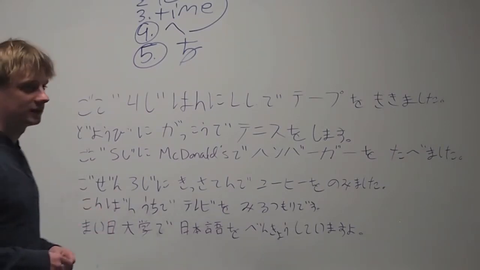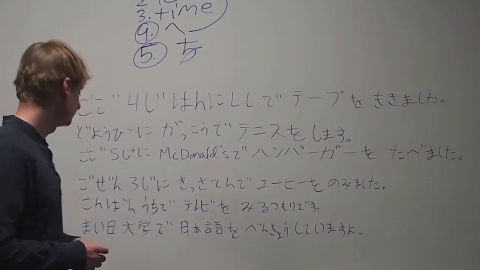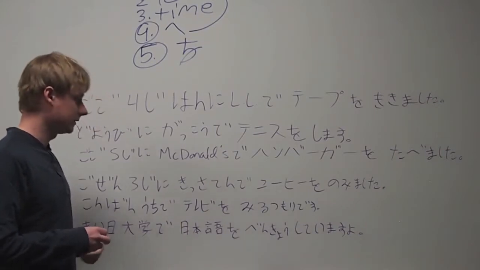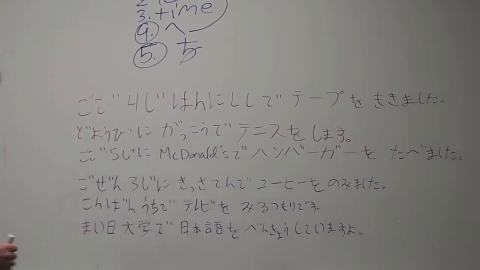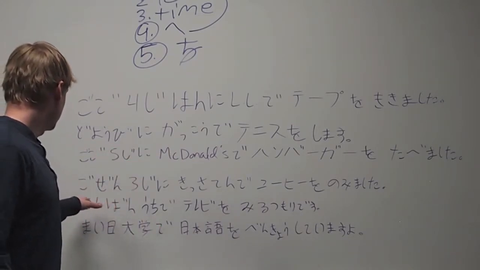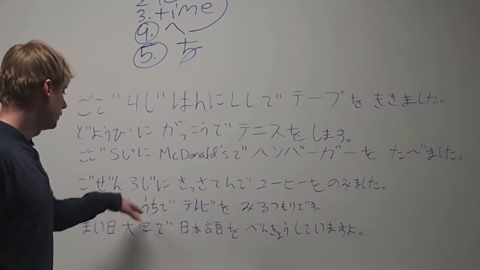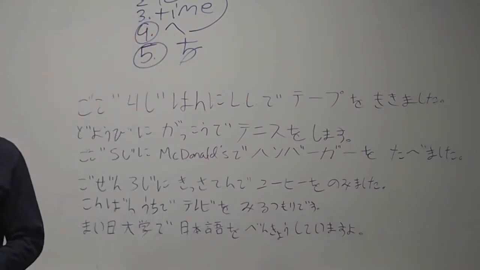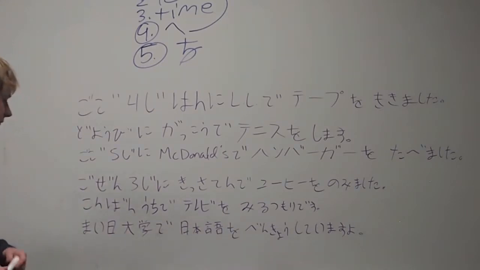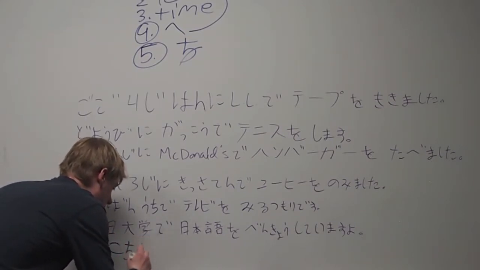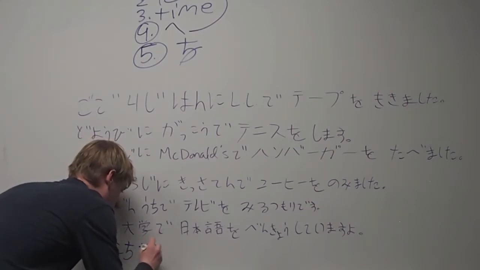What about this one that he said, 今晩うちでテレビを見るつもりです。OK, 見ます。Good. Very, very advanced, but 今晩うちでテレビを見ます is better to put. But yeah, and then the last one. You probably won't be able to read this, but 大学で毎日日本語を話します。Good.